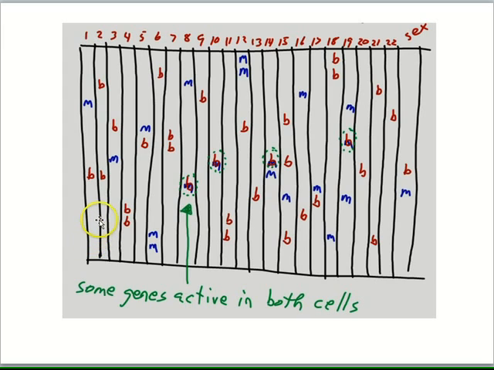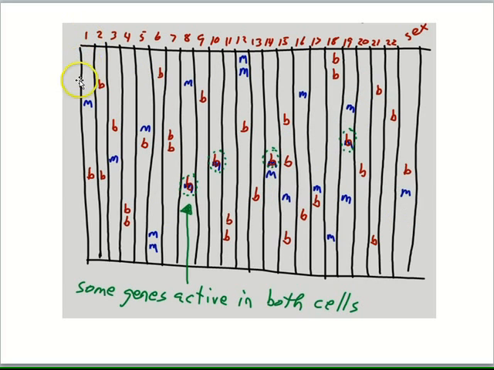In this diagram, wherever you see an M, that's where a muscle gene is turned on. So those are genes that are turned on in muscle cells. Wherever you see a B, those are genes turned on in blood cells. And maybe there are some genes that are turned on in both types of cells. But you can see a different pattern of gene activity across the chromosomes.